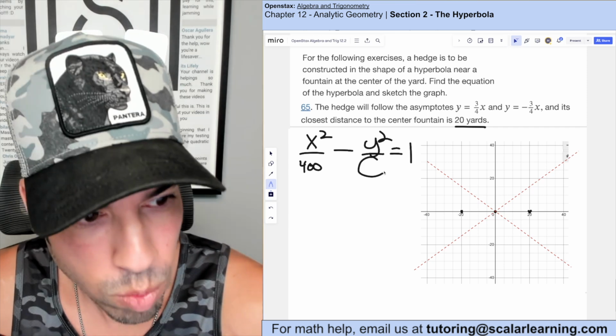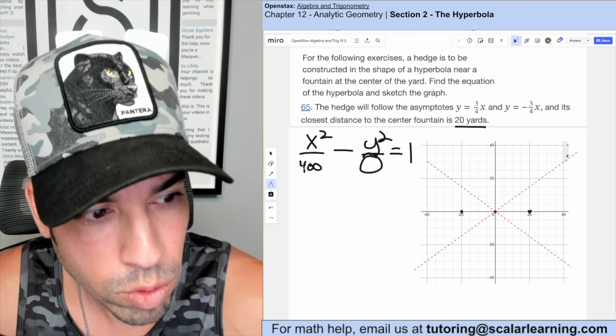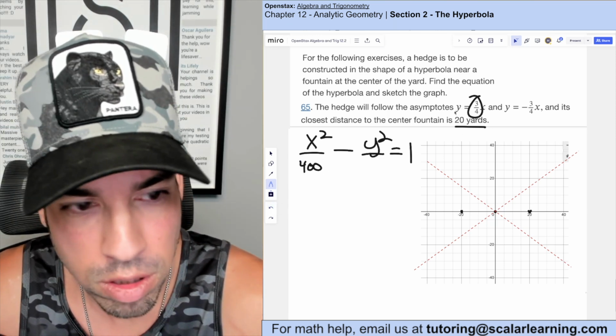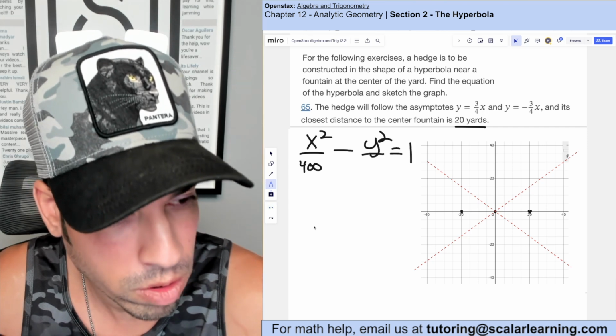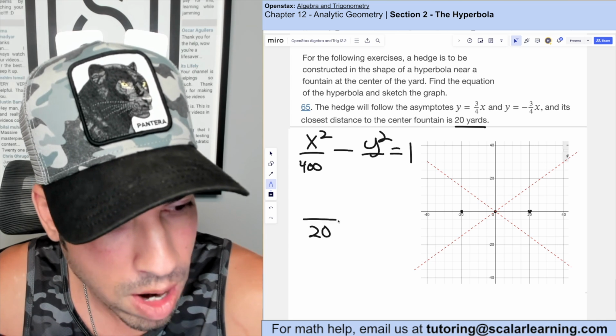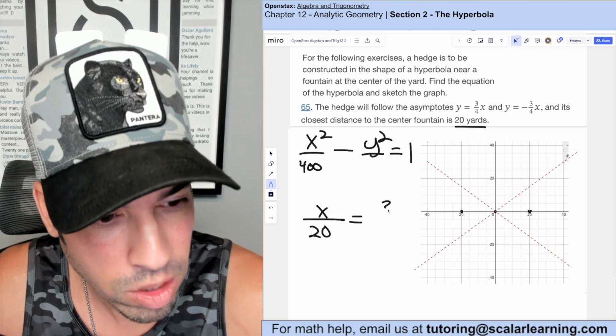So now the question is what goes over here? And the way we get that is because the square root of whatever goes over here over the square root of this should equal this slope, which is 3/4. So what's the square root of that? That is 20, and that's the run, right? So it's rise over run, whatever the rise is. I'll call that x, and that's supposed to equal 3/4.